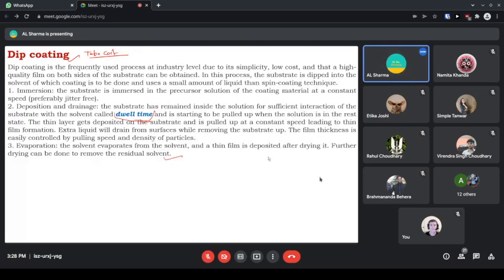Students, does anyone have a query? Or did you not understand? Do I have to repeat it? Students, if you are not going to say something, then how will I know whether you are getting it or not?